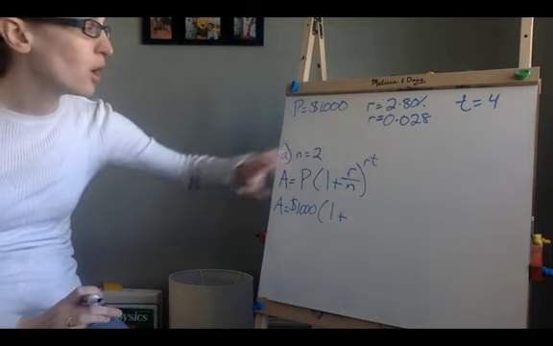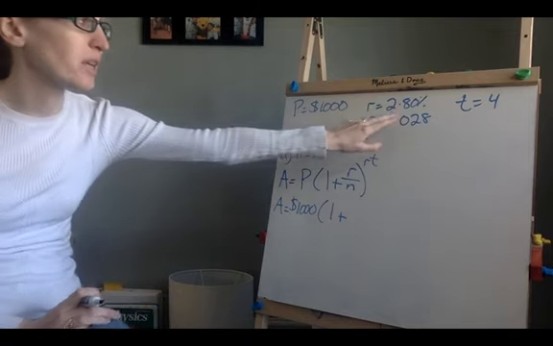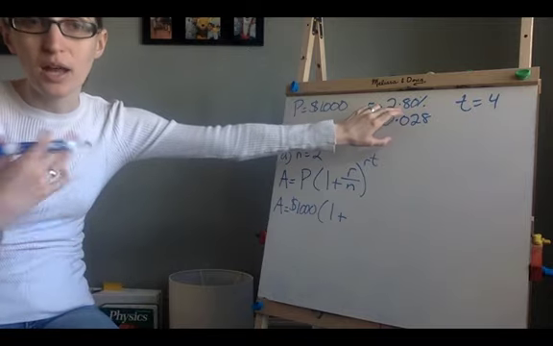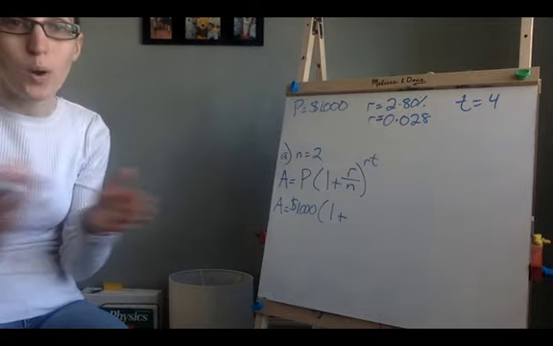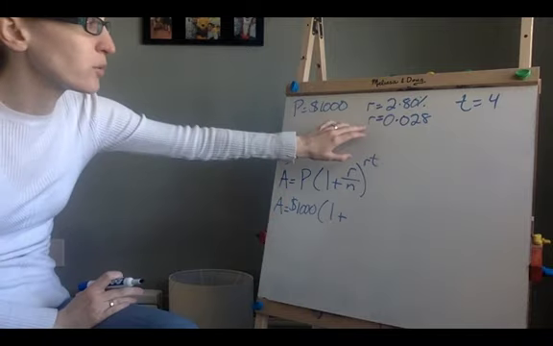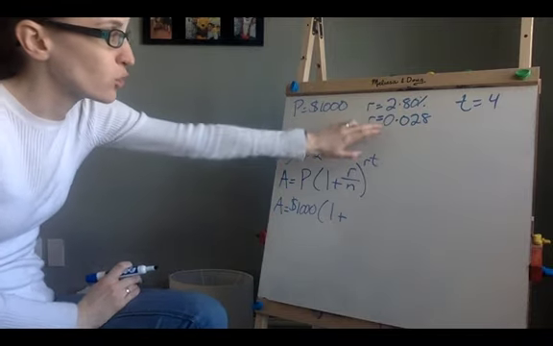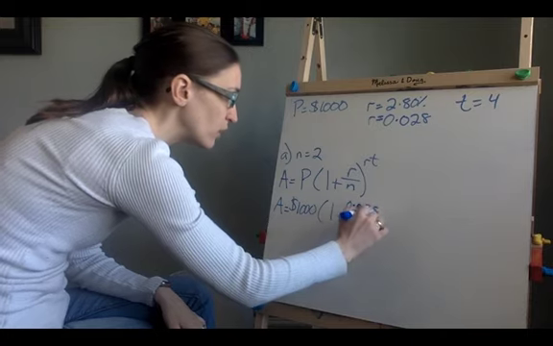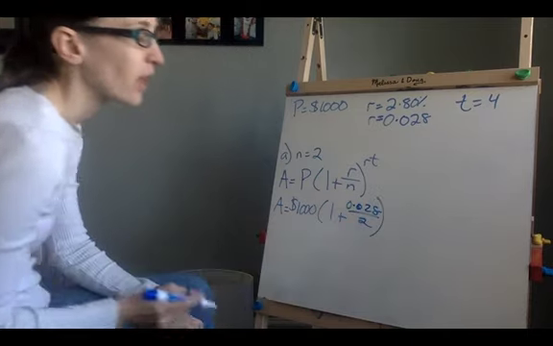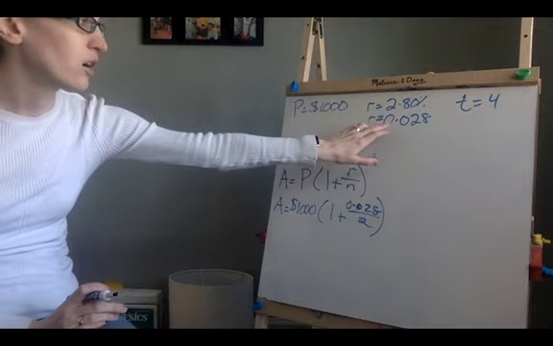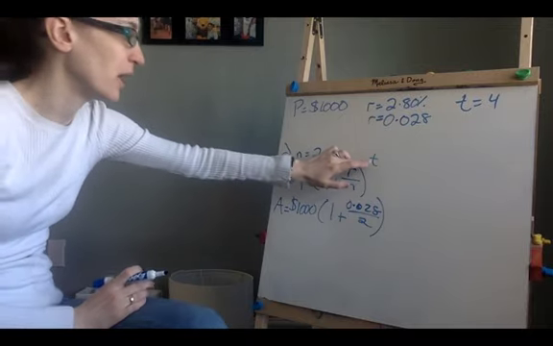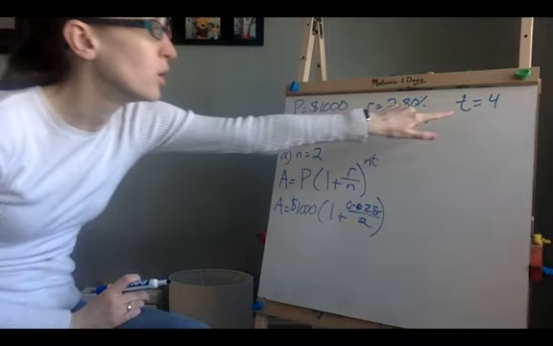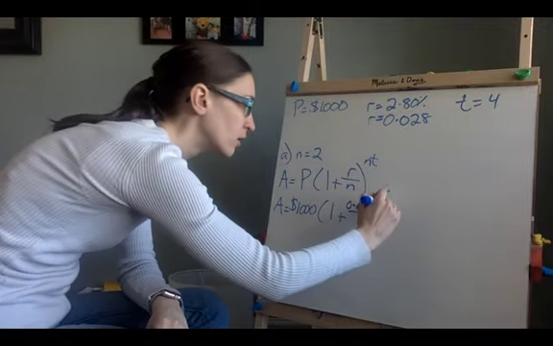That's per year, but this is happening twice per year, so we have to cut it in half. That's why we take the interest rate of 0.028 and divide it by 2. And then that all goes to the power of, oh, sorry, that should be an n. n times t, so 2 times 4 up here.